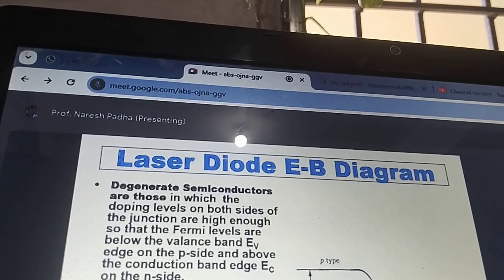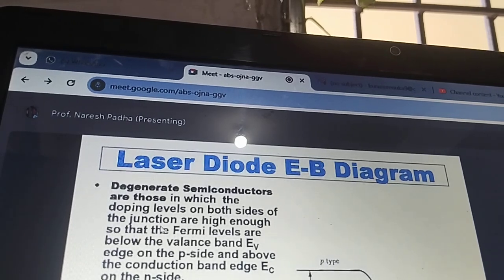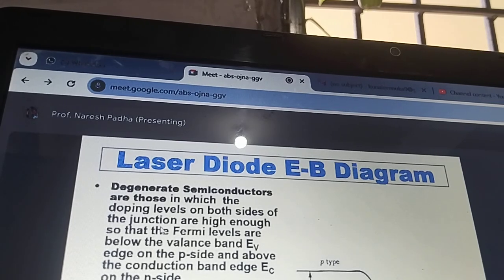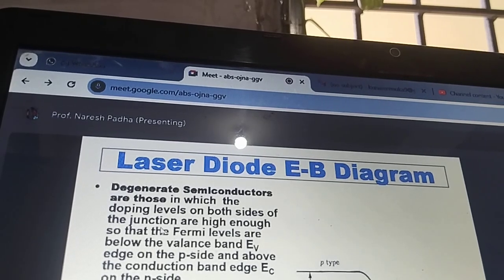I had already touched on degenerate semiconductors, if you remember, while discussing the doping concentration, P-type, N-type.